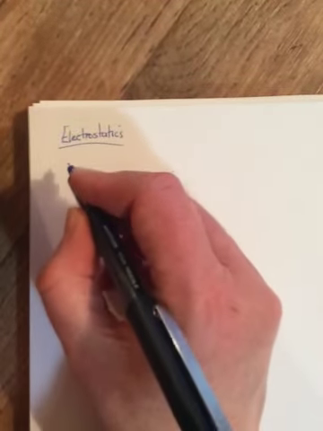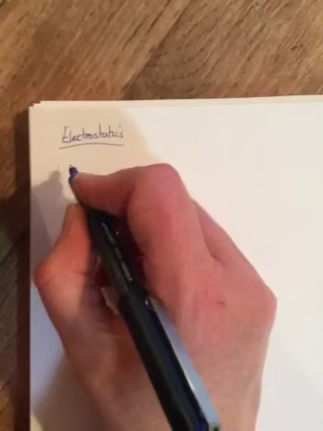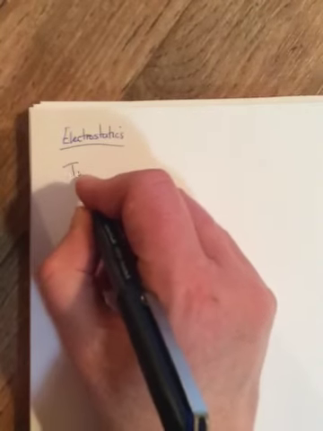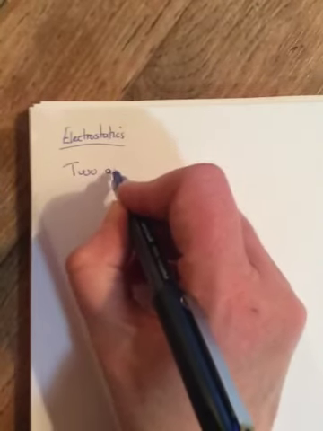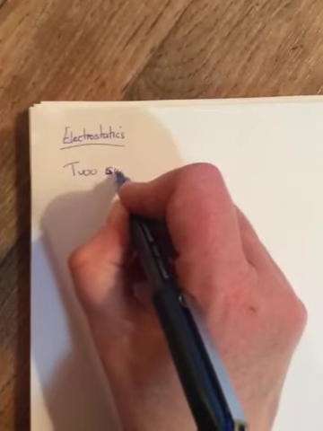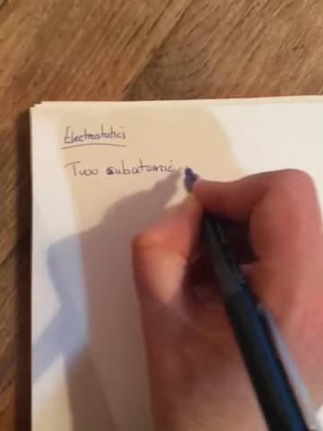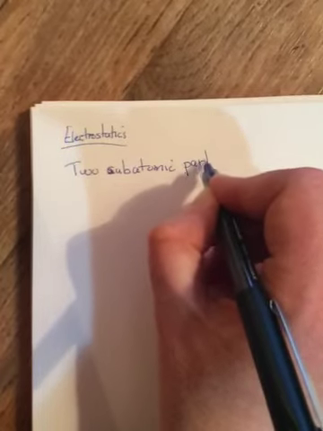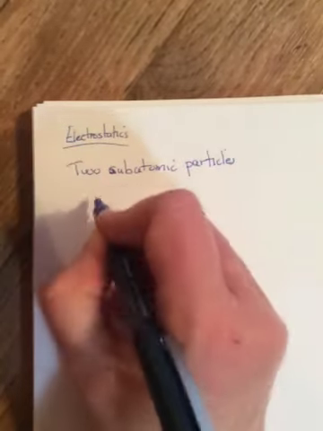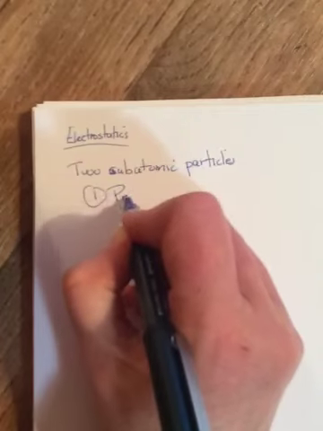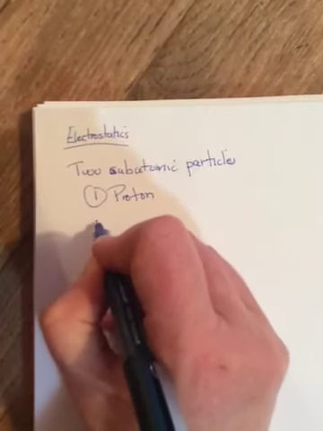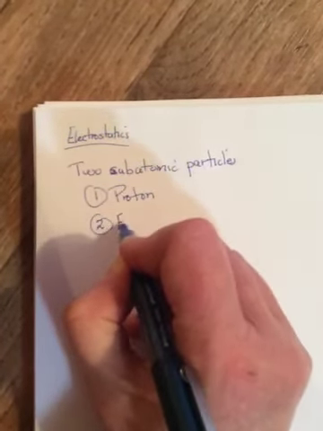Well, we know that there are two subatomic particles that have charge, right? There's three that you would know of, but there's two that have charge, and they are the proton and the electron. And these are considered elementary charges.